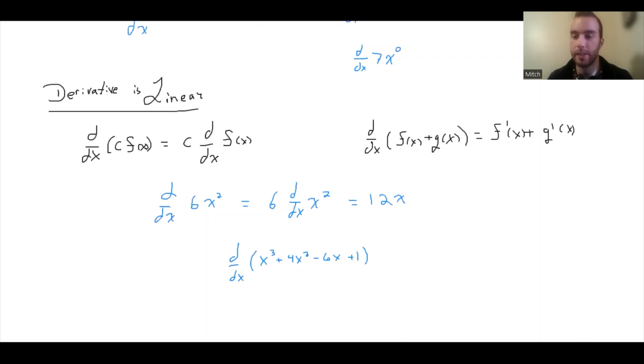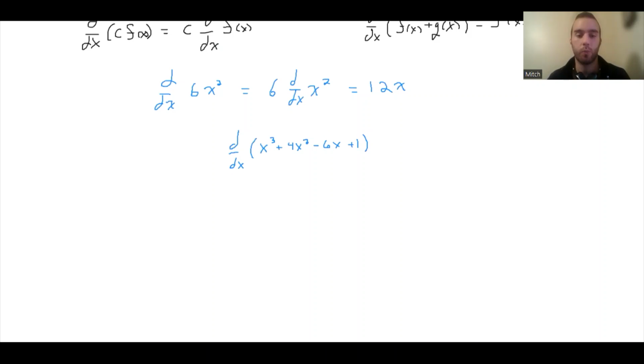Just like right here, the derivative is going to act on each term individually. Each new thing we're adding into this, we're just going to take the derivative of them one at a time and keep that same sum. So when we take the derivative of the first one, we knock that 3 down, and we get 3x squared, right? We're knocking that 3 down and lowering the exponent by 1.